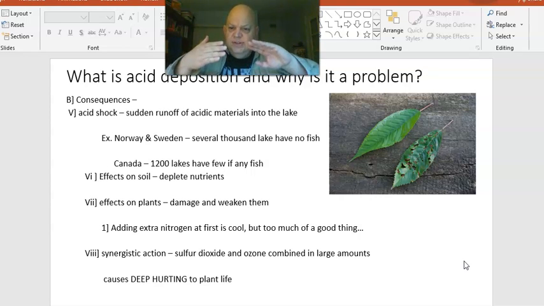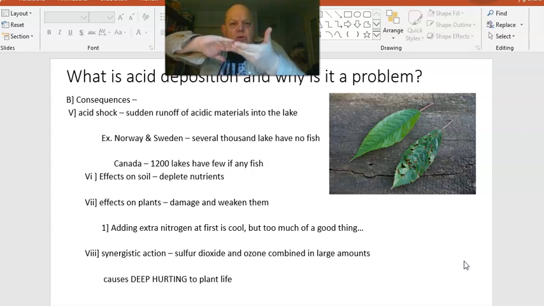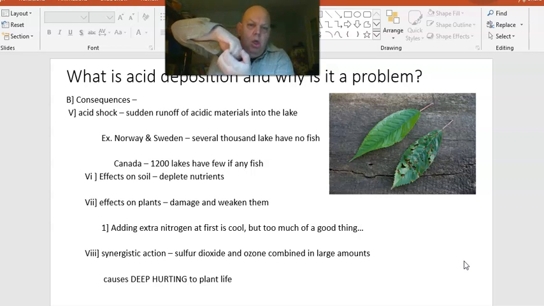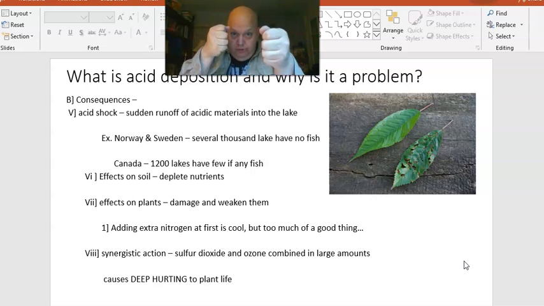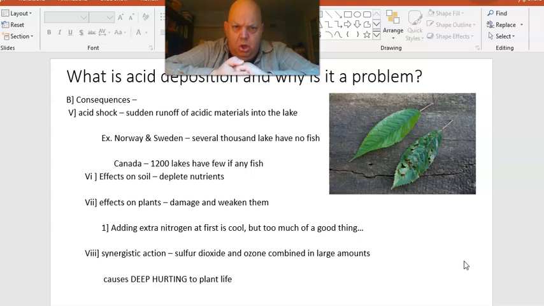Now, synergistic. Synergistic means, think about this. You're taking two things, all right, and they work together. They are individuals. They do things when they're individuals, right? But if they combine, now with that synergistic interaction, they are more powerful, like max power.